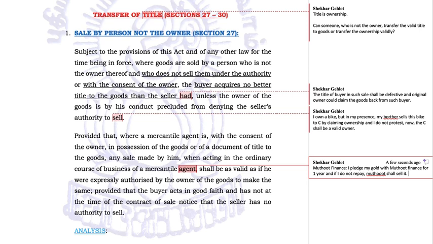Now in this case, if I fail to pay and Muthoot has sold it, the buyer, whoever buys from Muthoot Finance, will get a good title over it, and I cannot challenge the sale.